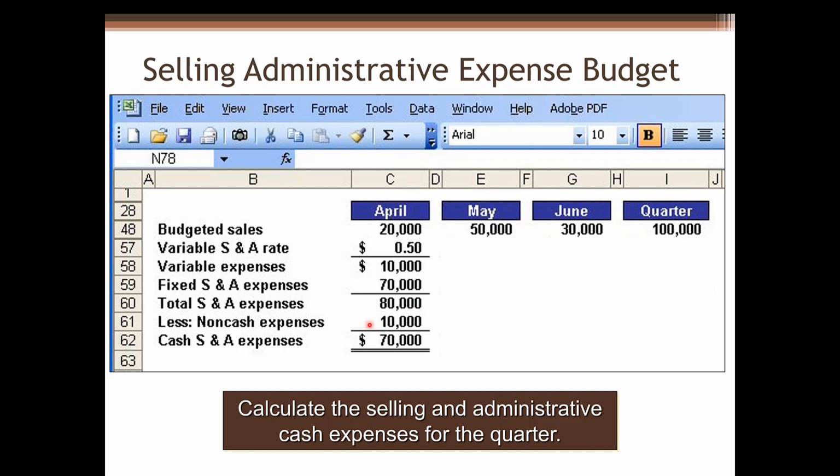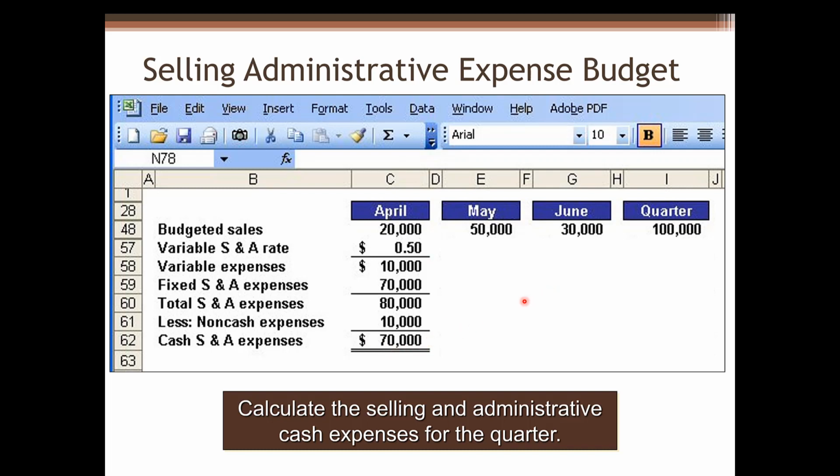We can also prepare cash for S&A expenses. Here, the non-cash expense is depreciation. So we subtract $10,000 from $80,000, and cash payments for selling and administrative expenses in April should be $70,000.